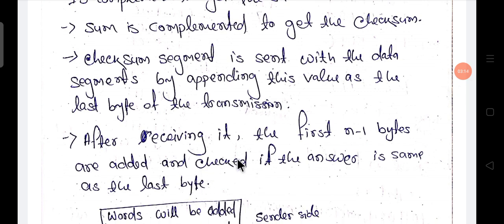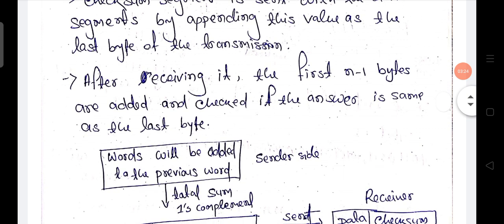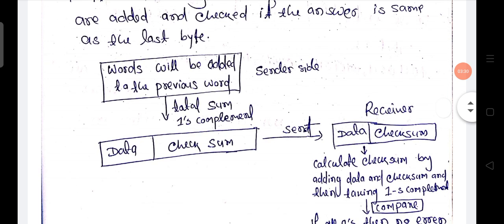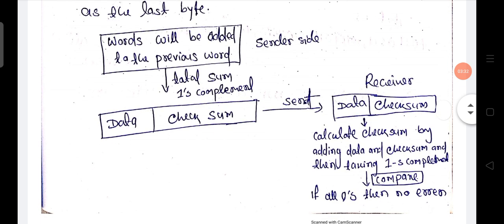After receiving it, the first n minus 1 bytes are added and checked if the answer is the same as the last byte. Let's see what the process is. First, each word is added to the previous word.